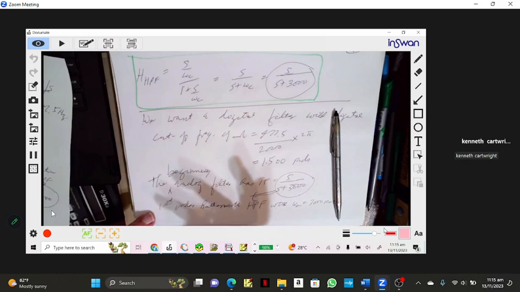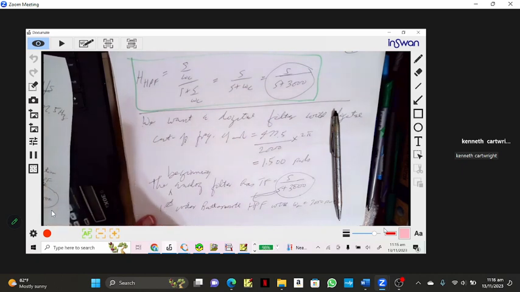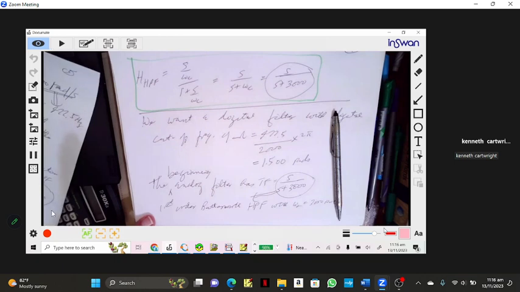In the example, we got the analog magnitude response. We got the first digital filter we designed. We got that response, and we found out it was not adequate. It did not meet the goal.